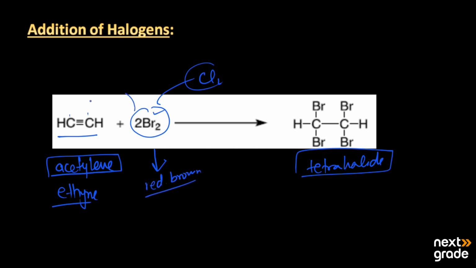When we add it to acetylene or ethyne, its brown color disappears and it forms colorless tetrabromoethane. So we can use this as a test for checking the presence of alkynes. This is also the main test for the identification of alkynes.